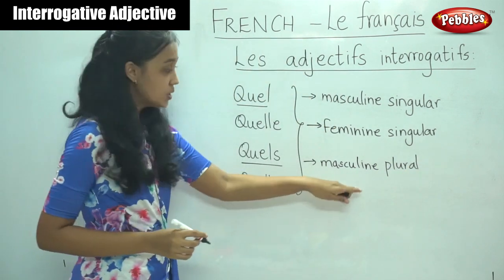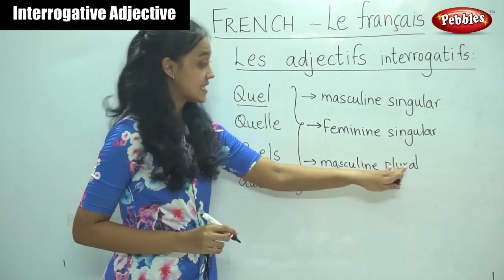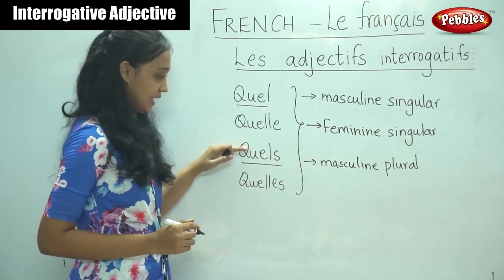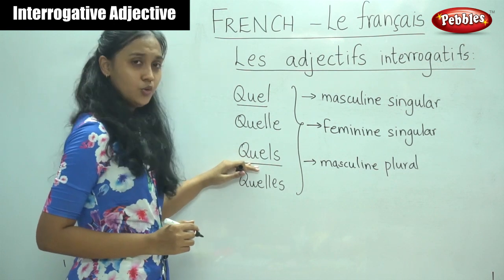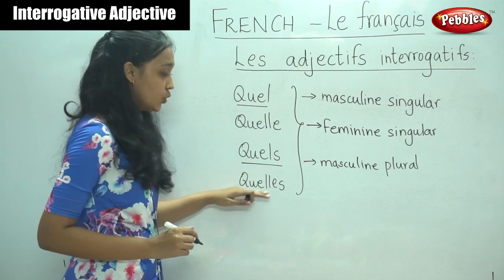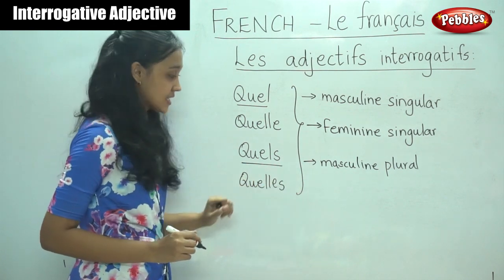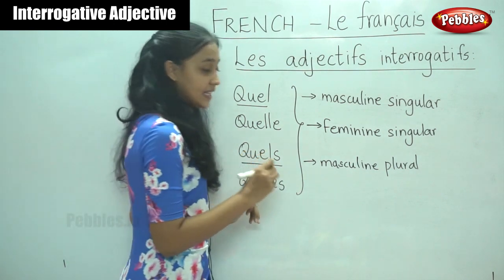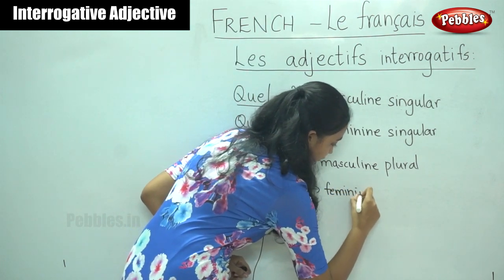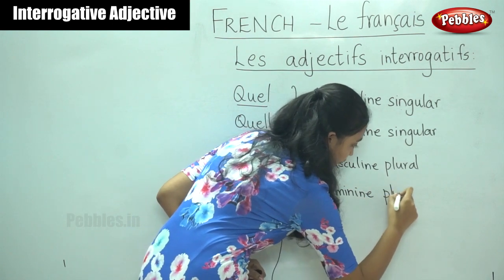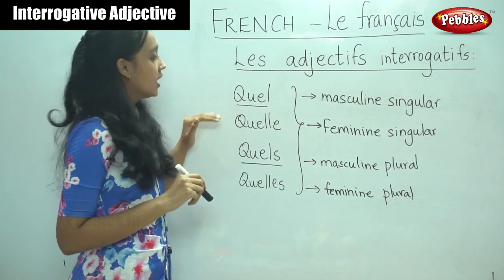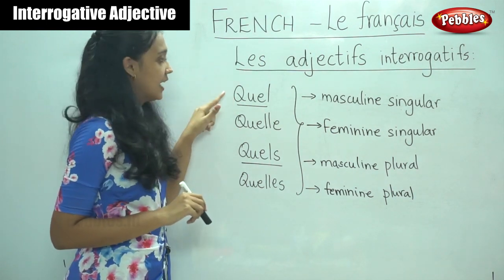So when the noun is in the masculine form but it is in the plural form, we use quels. Now you must have guessed when would we use the word quelles. Yes, we use it when the noun is in the feminine plural form. So these are the rules for using this interrogative adjective.